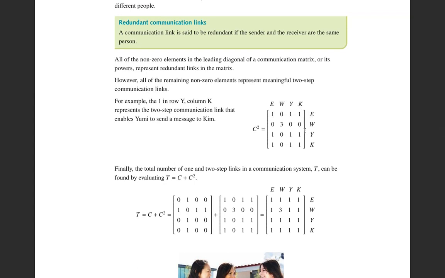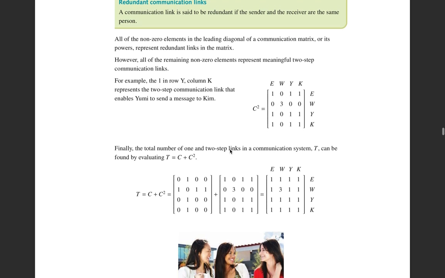Importantly, if we're looking at the leading diagonal, these numbers don't really make sense. They're called redundant communication links. E can't communicate with E, W can't communicate with W, so this leading diagonal is irrelevant. They will become numbers, but those numbers don't really mean anything. So this 3 doesn't mean anything. W can't communicate with itself 3 different ways. So the leading diagonal is redundant. It's just the other values that are important.